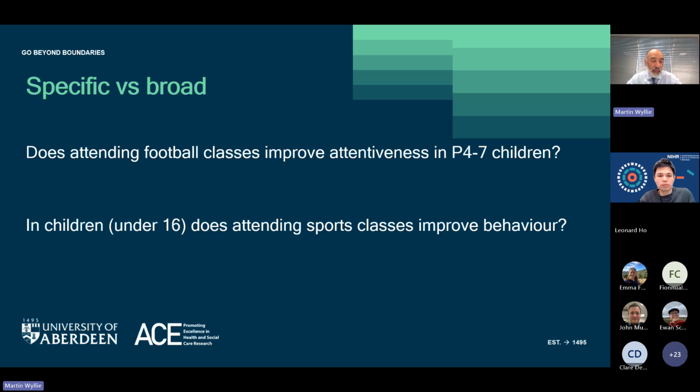And they might have any different types of sports classes. It could be a gym Joey session once a week, or it could be swimming 4 or 5 times a week as part of a competitive club. So the range of sports classes and the range of behaviour might mean it's extremely difficult to get a meaningful result from it.